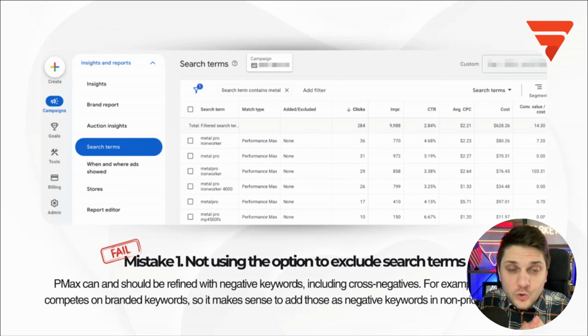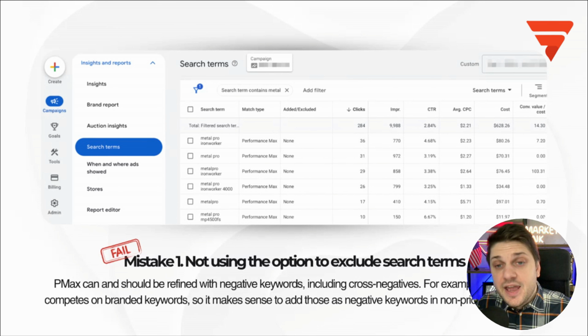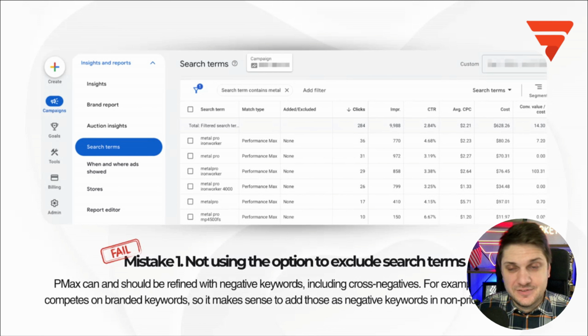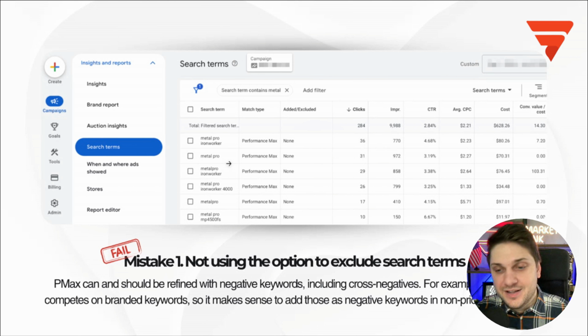So currently you can add all the brands that you are not selling to negative keywords and exclude them, because if a customer is looking for an exact brand or exact model, in 90% of cases the customer will buy that model, and paying our ads budget to teach the customer how to buy our product can be more expensive than for a customer who is looking for a category, or who is actually looking for brands that you are selling. So if you didn't know that there are search terms, please check what is there.